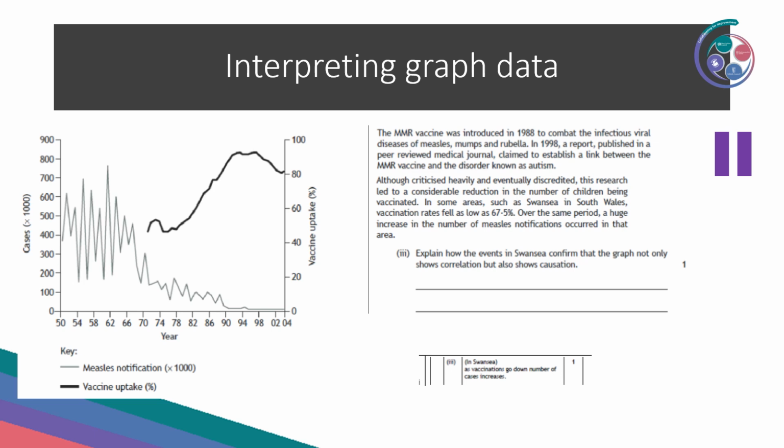So we can see that there's a correlation, but this is actually also the cause of this as well. As the number of vaccines goes down, we can see that the number of cases goes up in that situation.